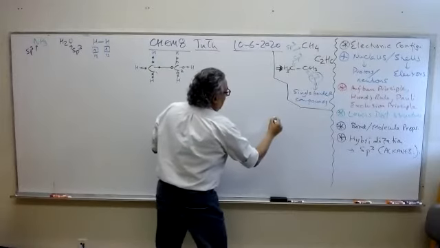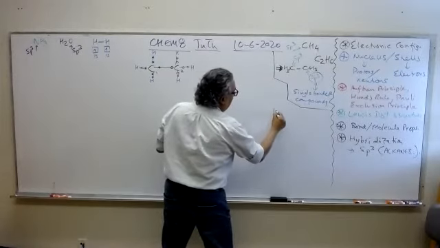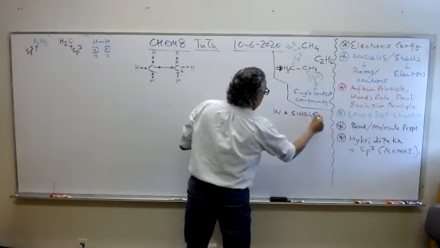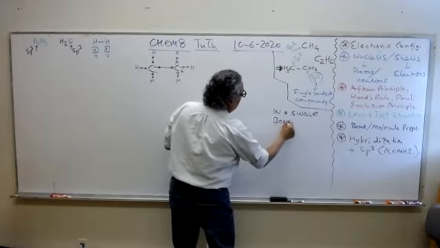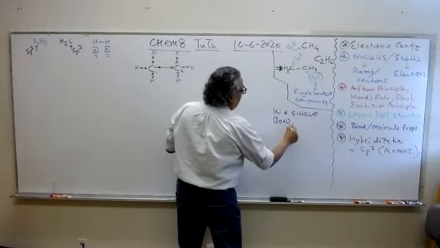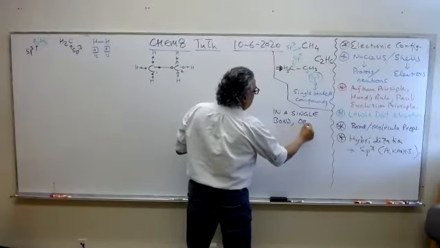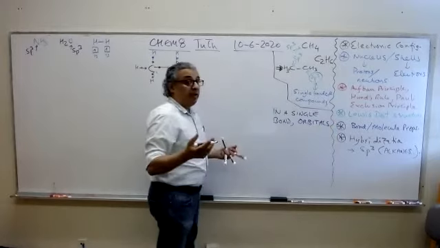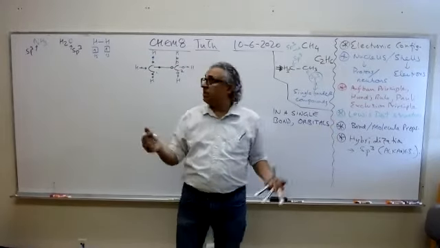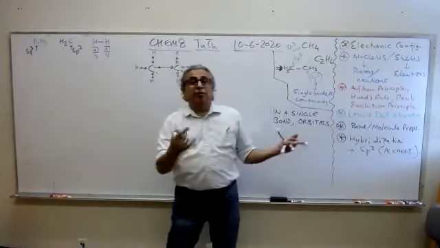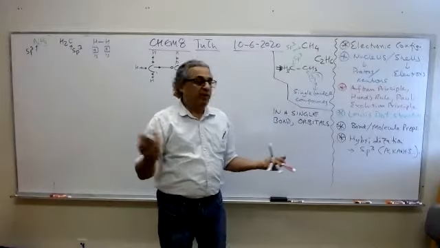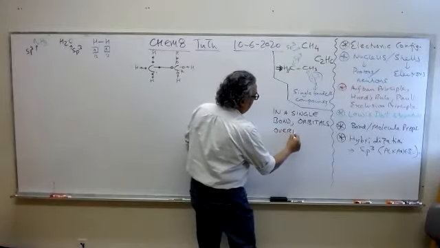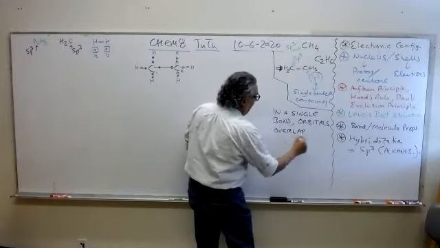In a single bond, the orbitals could be unhybridized orbitals such as 1s, or it could be an orbital such as sp3. Orbitals overlap axially.